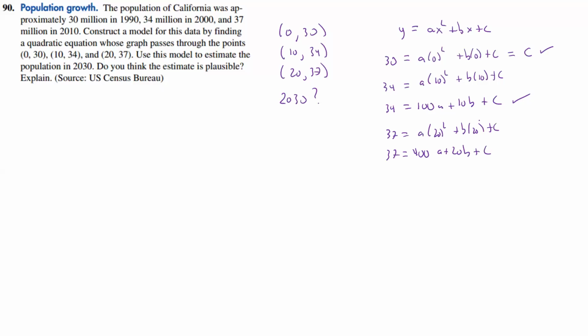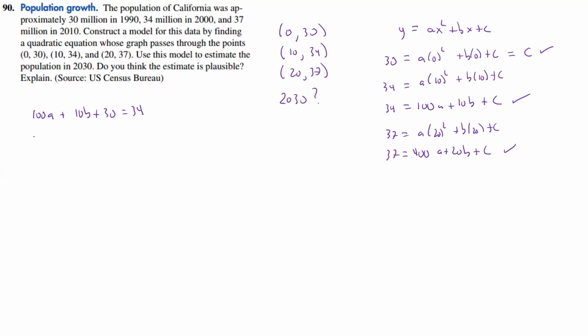All right. So now what we can do is plug in our c's because we do know the c's. Since c is 30, we can plug that into the other two equations. So then we have 100a plus 10b plus 30 equals 34.